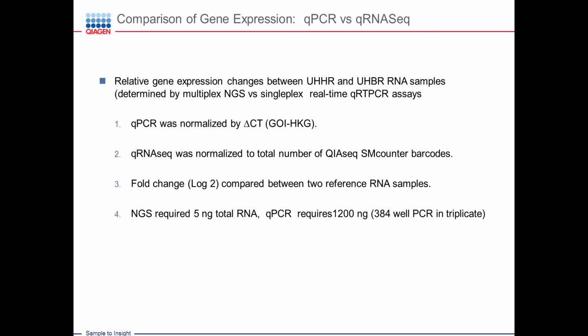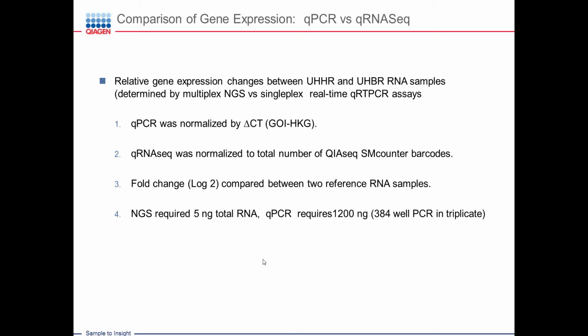And the PCR was normalized by delta CTs, and we used housekeeping gene controls. The RNAseq is normalized by unique barcodes versus total number of unique barcodes per sample. And you'll hear more about that in an upcoming seminar, how we do the normalization.